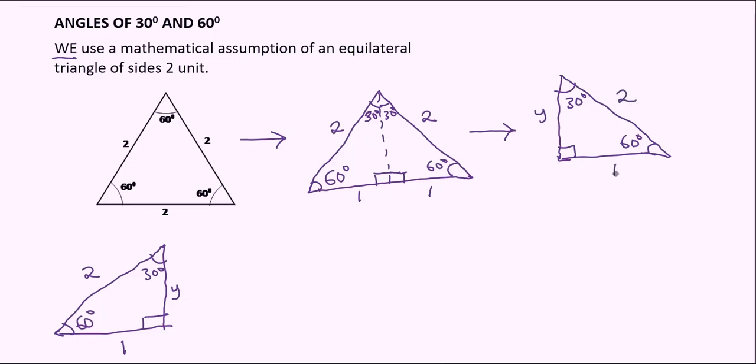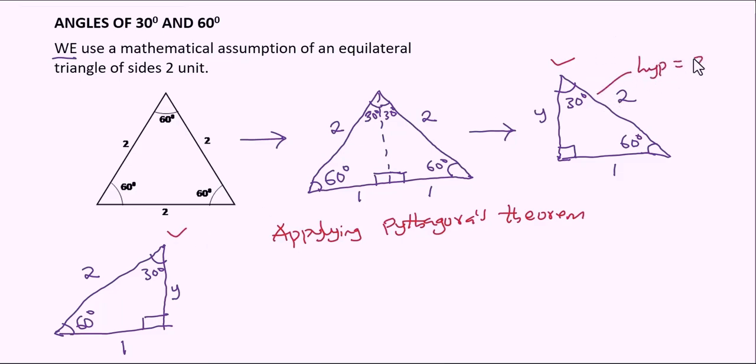Having said that, let's apply Pythagoras theorem for us to be able to solve for the value of y. Applying Pythagoras theorem, we know that this is our hypotenuse, whichever one, whether we use this or this, exactly the same thing. The longest side is our hypotenuse, and is equal to 2.